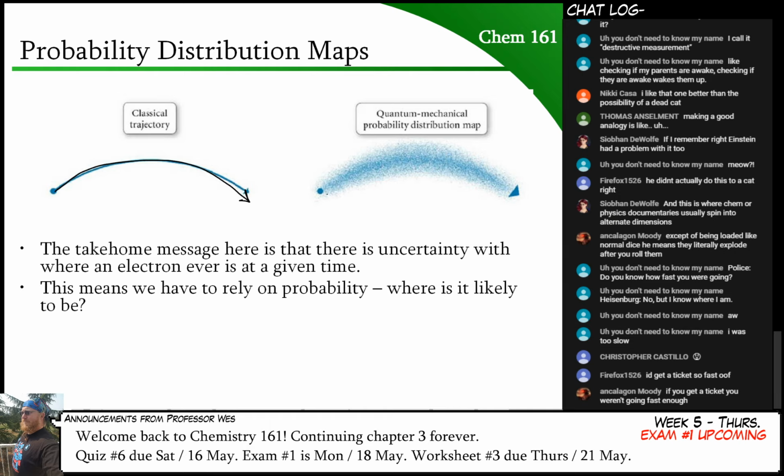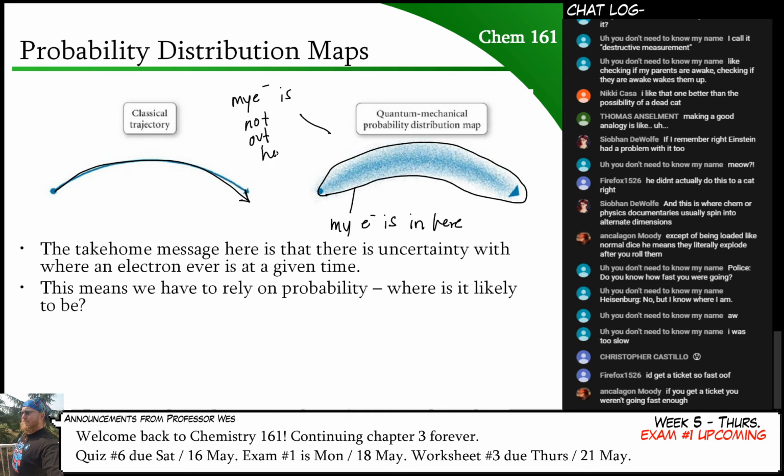What I instead have to do is draw this region and say, my electron is in here. And by doing that, I would say my electron is not out here. And you would assign that a probability.